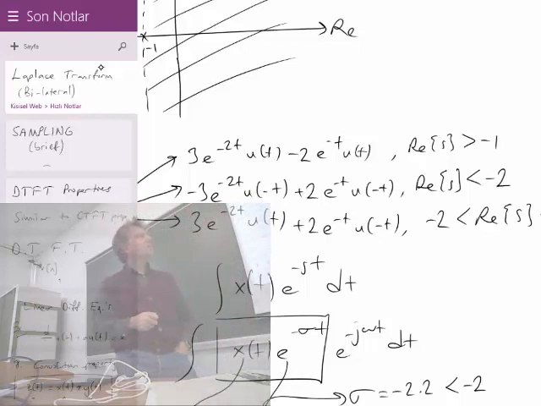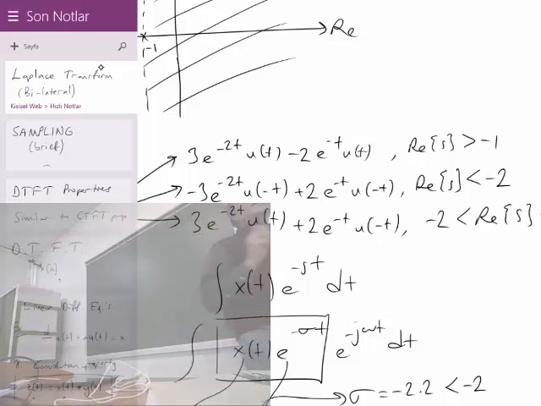How does it happen? If we multiply, for example, with e to the minus sigma t, where sigma is equal to minus 3, which is e to the 3t. If you multiply both of them with e to the 3t, what's the multiplication? E to the minus 2t multiplied by e to the 3t will be e to the t.